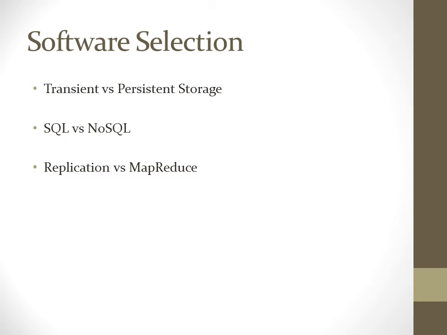So, for example, certain blog engines may have their data stored in flat files, and when the application is initiated, it takes those flat files and stores them in memory, in persistent and transient storage, and the database itself is entirely within memory.